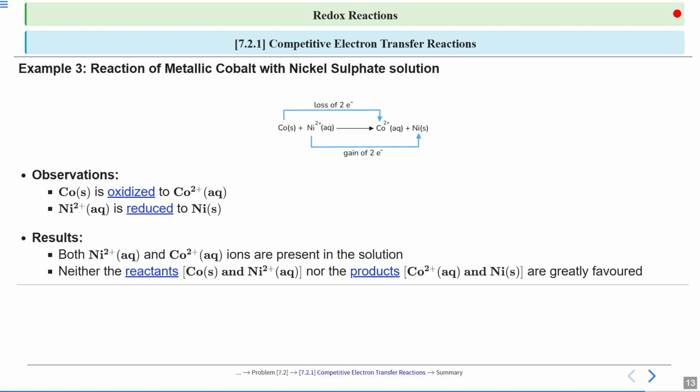So what we can understand from these 3 examples that we have studied till now is that there is a competition for the release of electrons. There would be a particular species that would release the electrons and then those electrons would be gained by another one. This competition for release of electrons incidentally reminds us of the competition for the release of protons among acids.